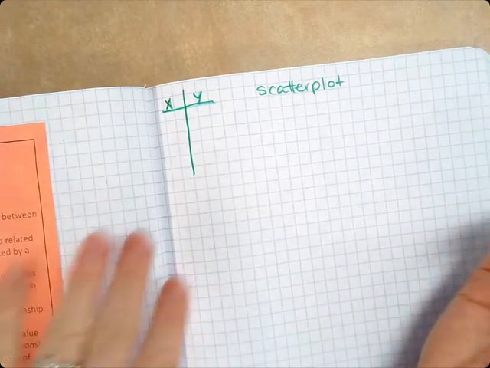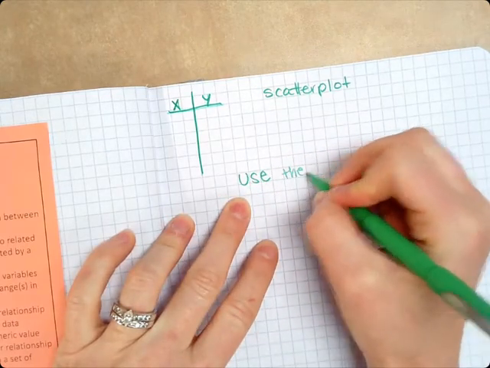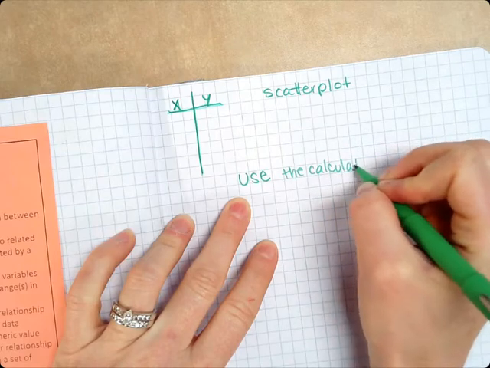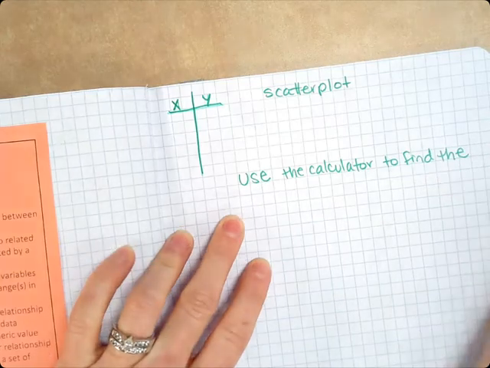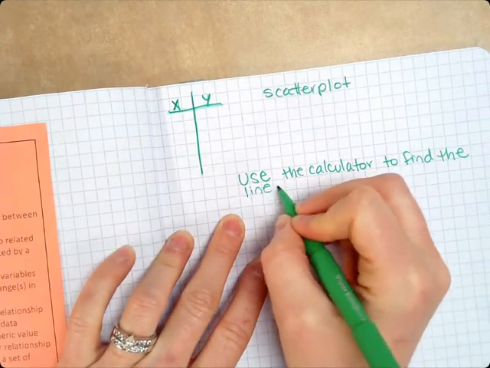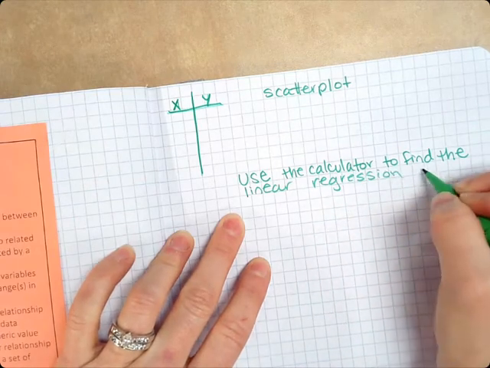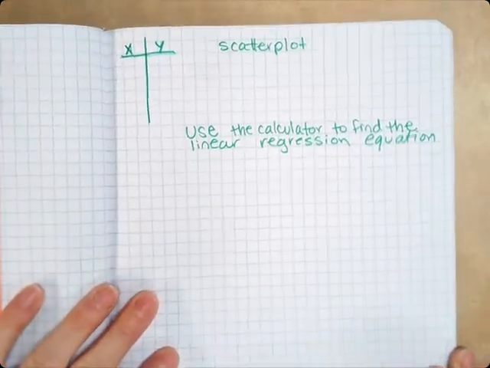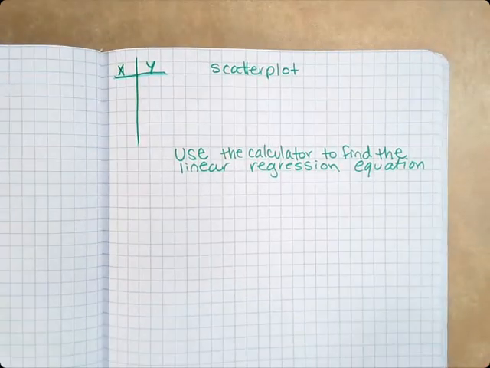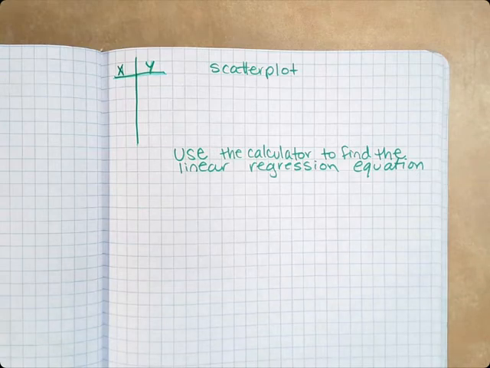And then what we do with that, we use the calculator to find the line of best fit, to find the linear regression equation. So let's review those steps and we'll put it into the calculator.